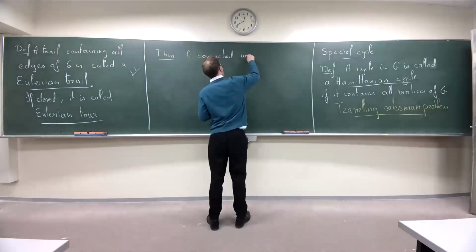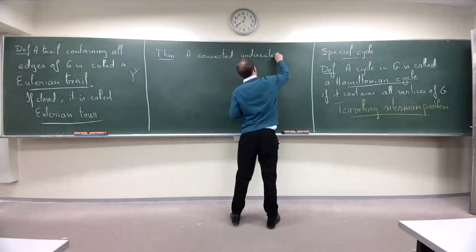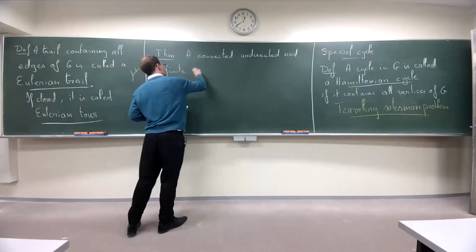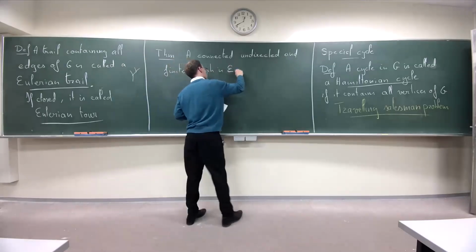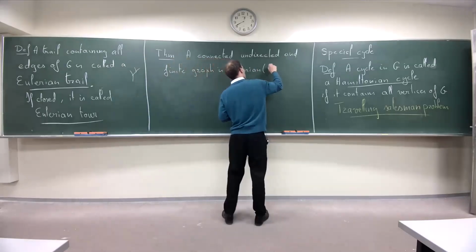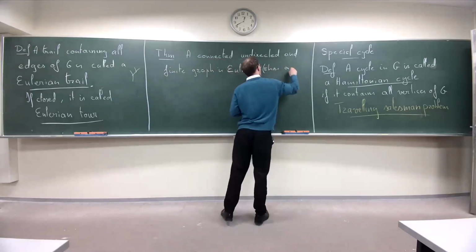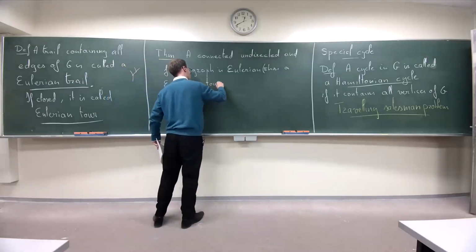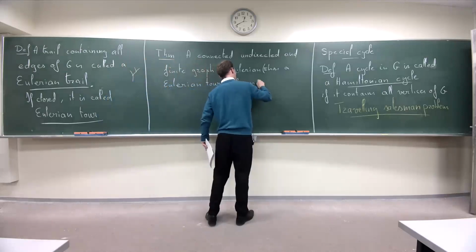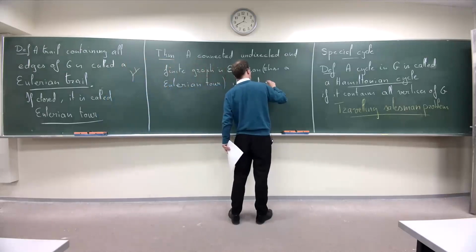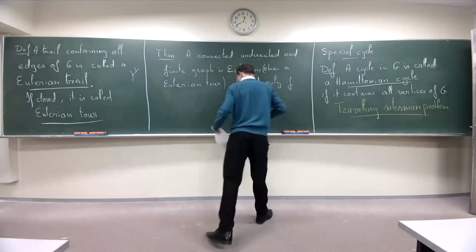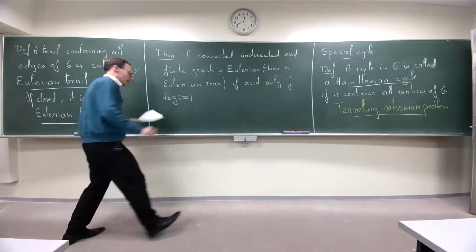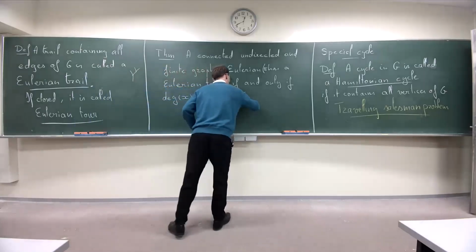A connected, undirected, and finite graph is Eulerian, which means it has an Eulerian tour, if and only if, it's a necessary and sufficient condition, the degree of x is even for any x in the graph.